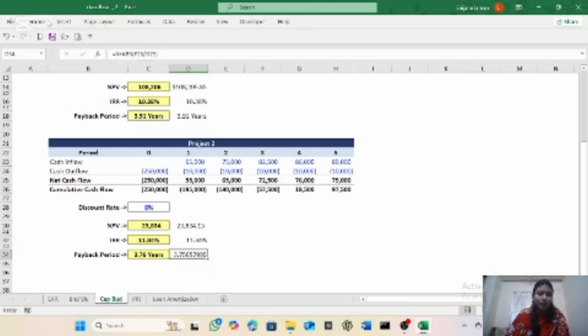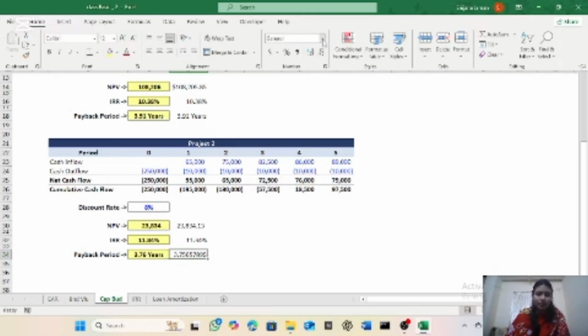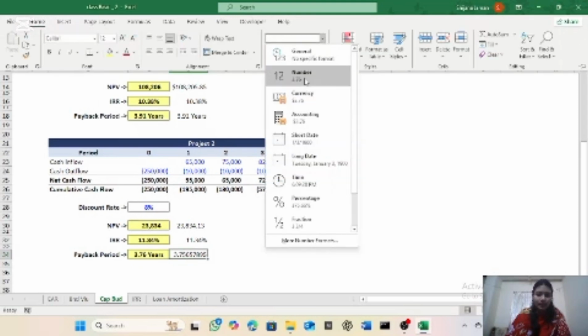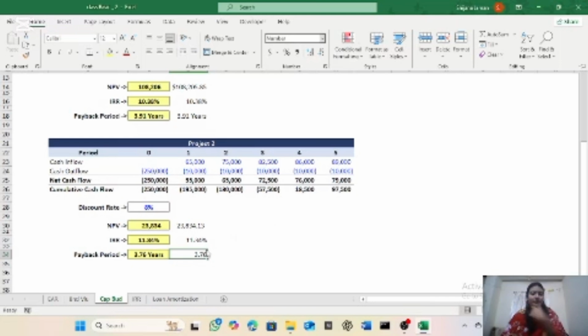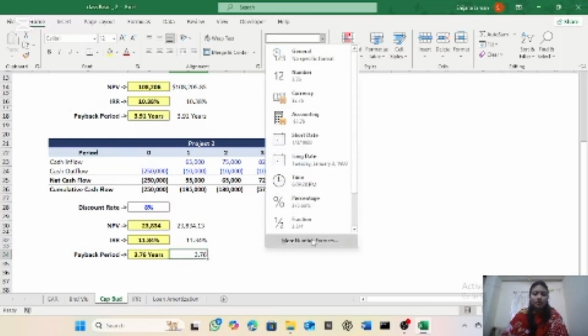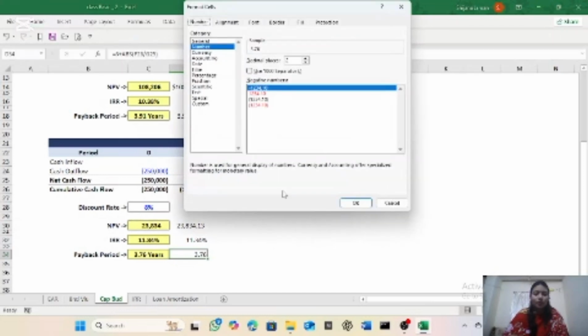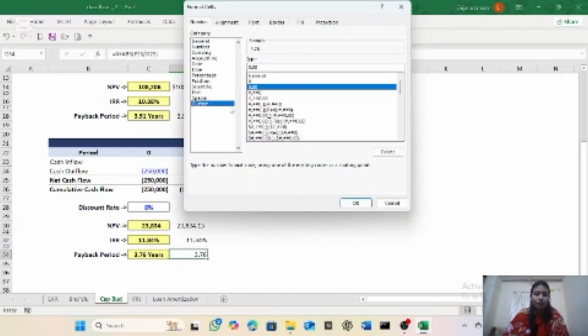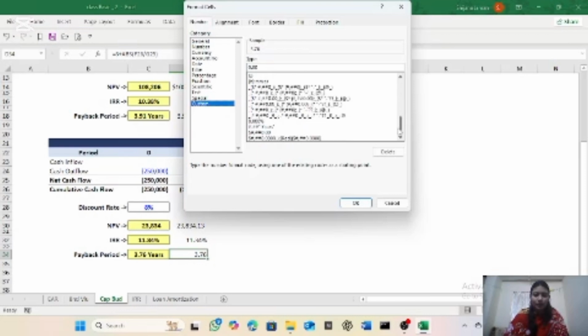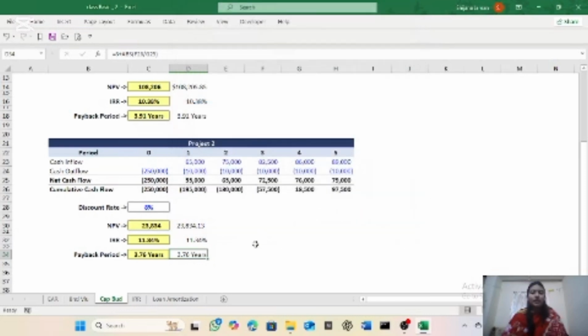Now we convert it into number, means years. Yeah, 3.76 years. Now we add years: more number formats, choose custom, and we find our years. Press OK. So this is our payback period.